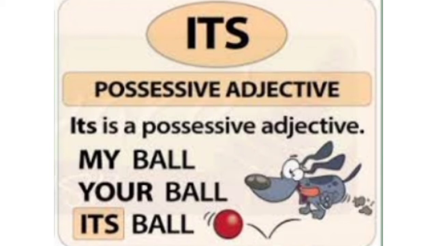So here in this picture we can see the example: my ball, your ball, its ball. Through these three examples we can understand it shows possession or ownership of a thing.